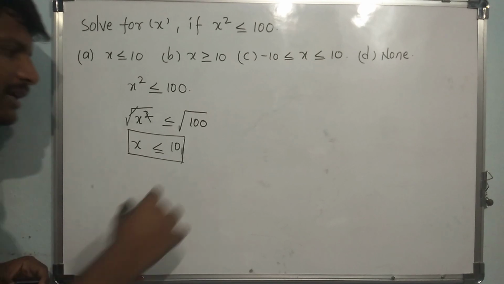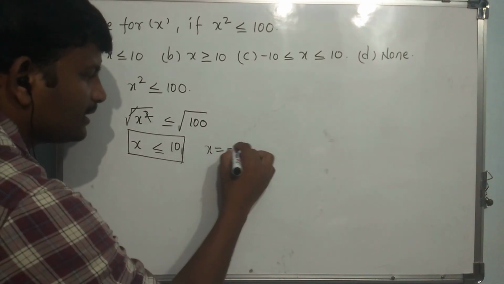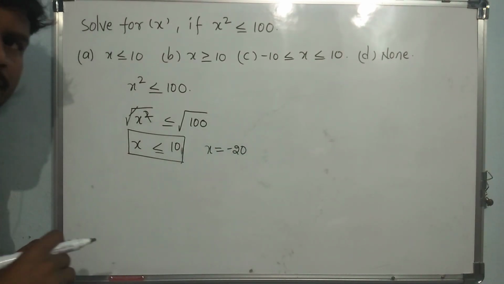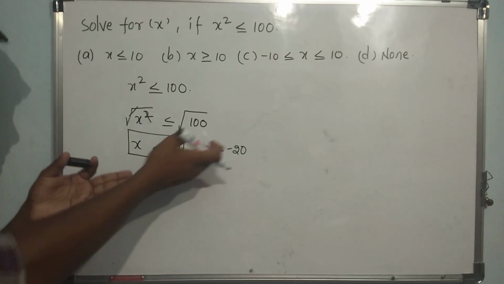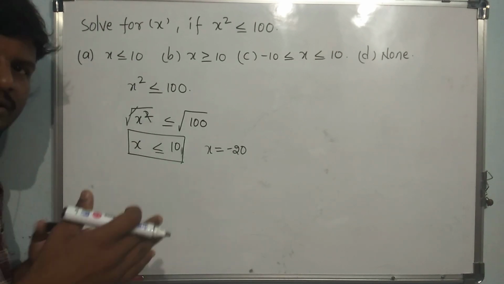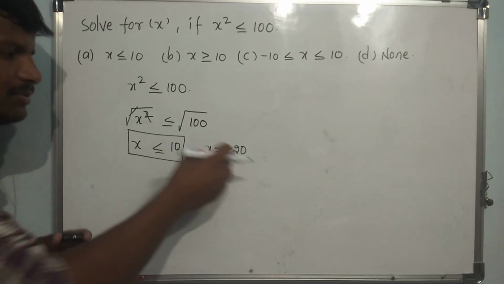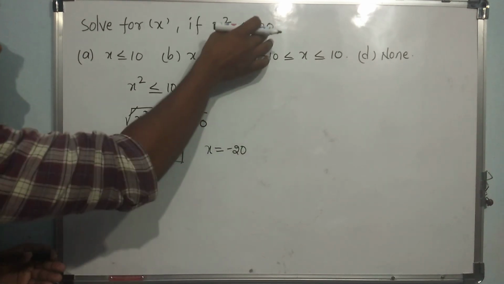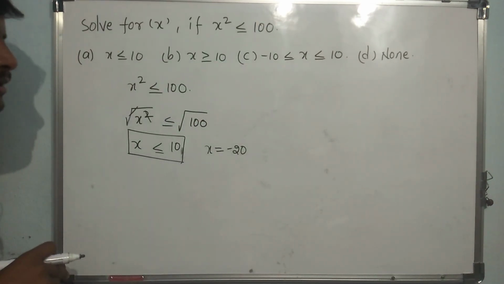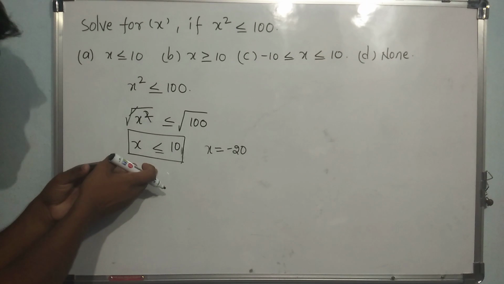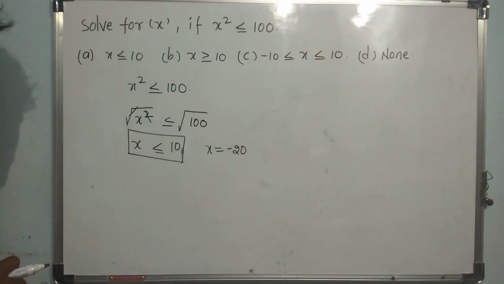Let me say your solution is values of x less than or equal to 10. I will consider one value of x, let's say minus 20, because it is less than or equal to 10. Minus 20 is below 10. I am substituting x equal to minus 20 in this inequality, because if this is your solution, it has to be satisfied by this.